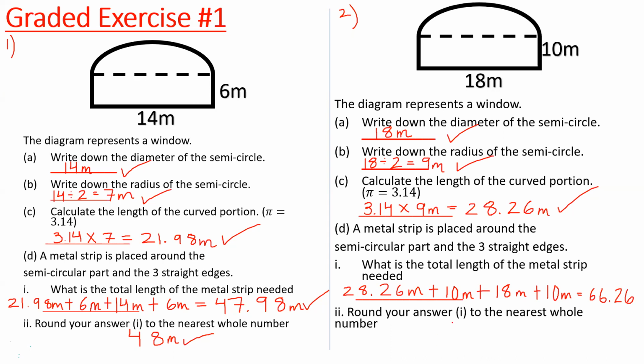Now we want to round our answer to the next whole number. 66 meters. That's what I get. Not 67, because 2 is less than 5, right? Yes, sir. The answer is 66 meters.